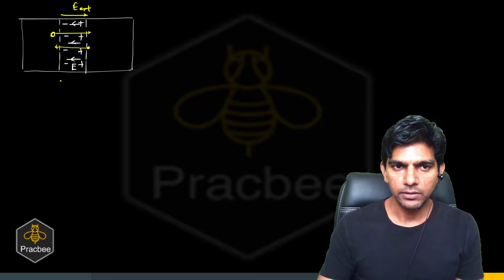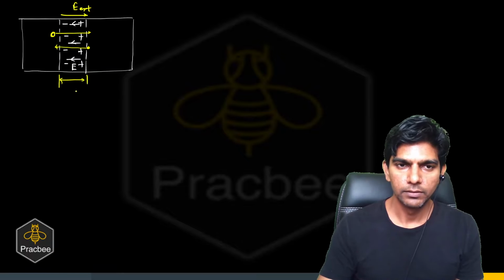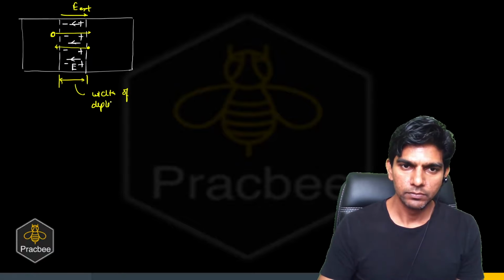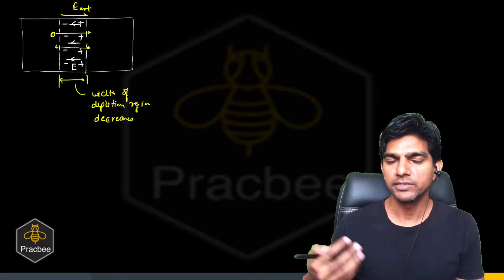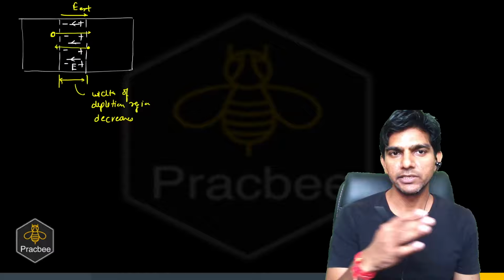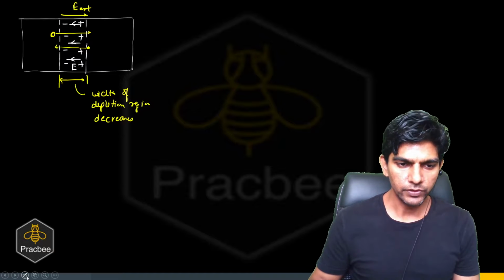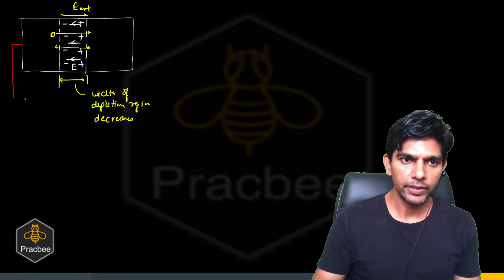So the width of the depletion region decreases, right? Because now it is easier for majority carriers to again move from one side to another. So that is the case when we have a battery connected like this.